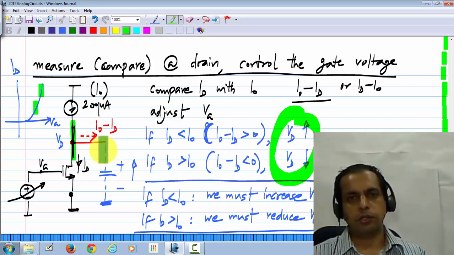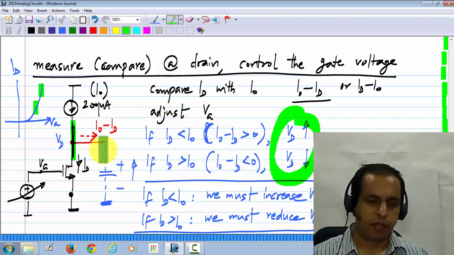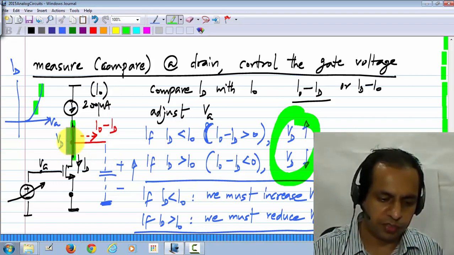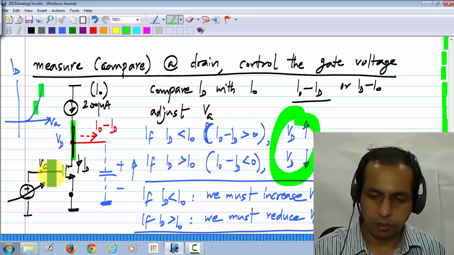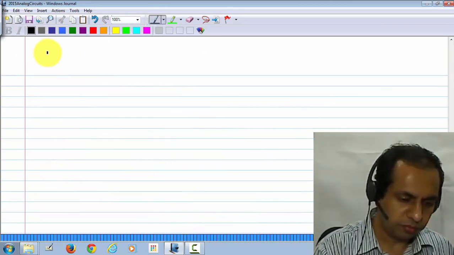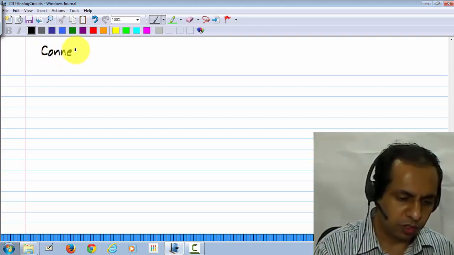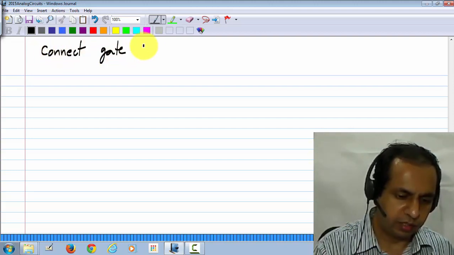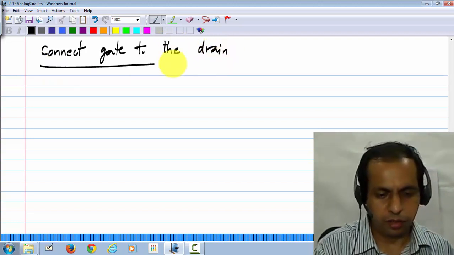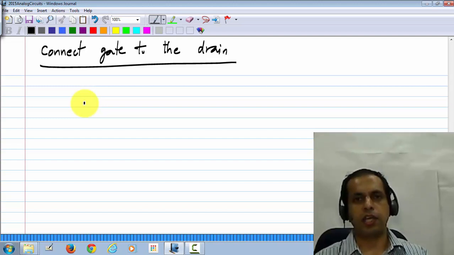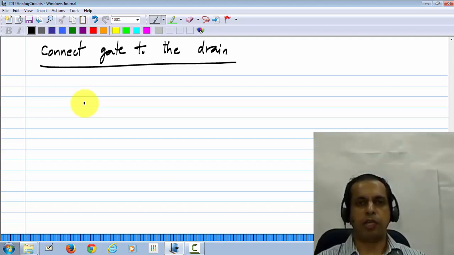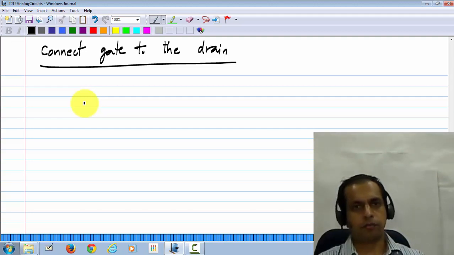So now the solution is pretty obvious. All we have to do, or one of the ways to do it, is to somehow transfer this VD to VG. And the easiest way to do that is to connect the gate to the drain. Again, the kind of variation we want for VG is happening at the drain, right?